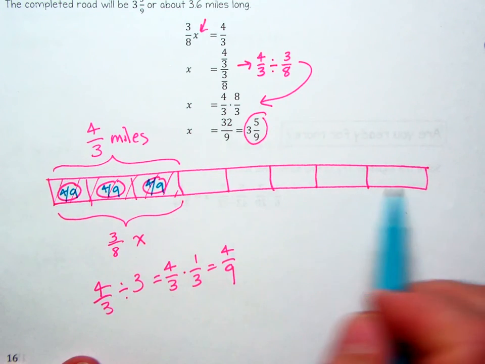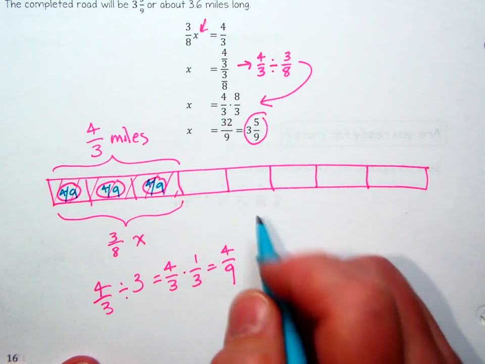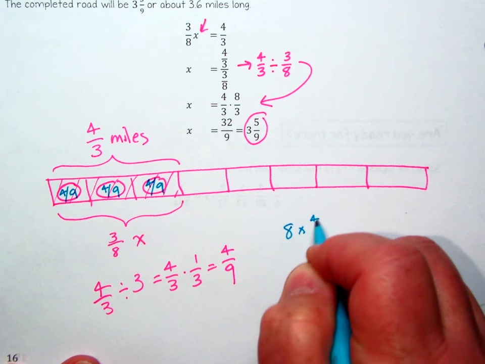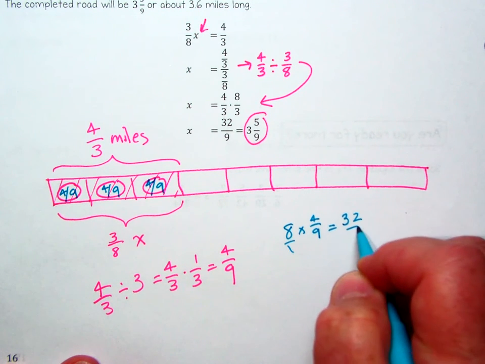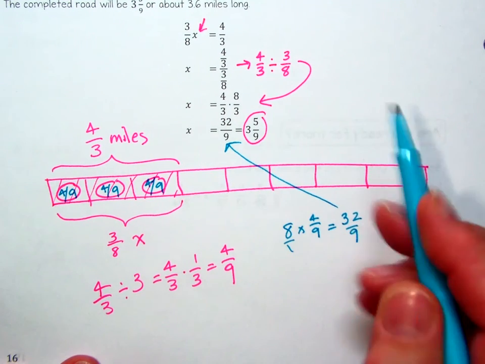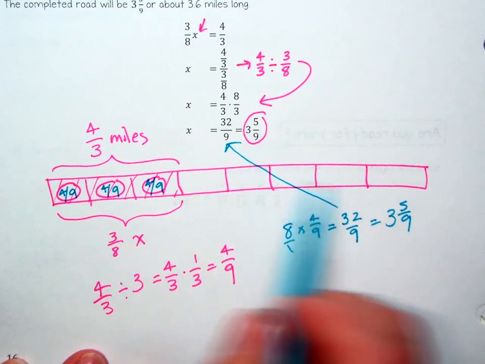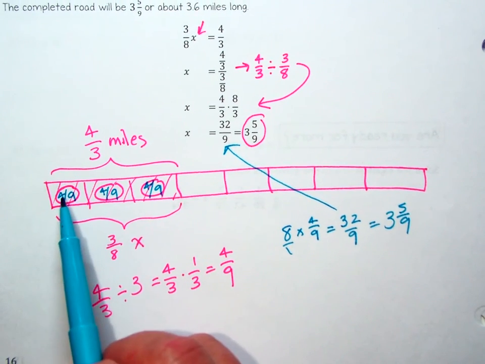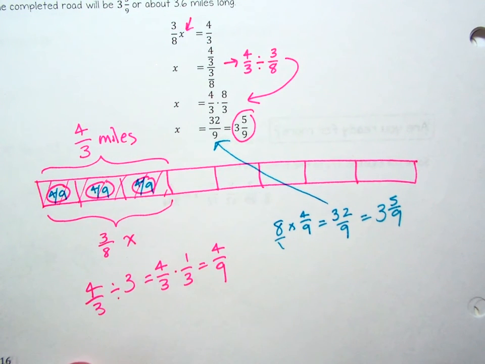So my whole roadway is going to be equal to 8 times 4/9. And that's going to give me 32/9, which we got right there. So that's our 3 5/9. I just did this because I wanted to give you a picture of what this problem means.